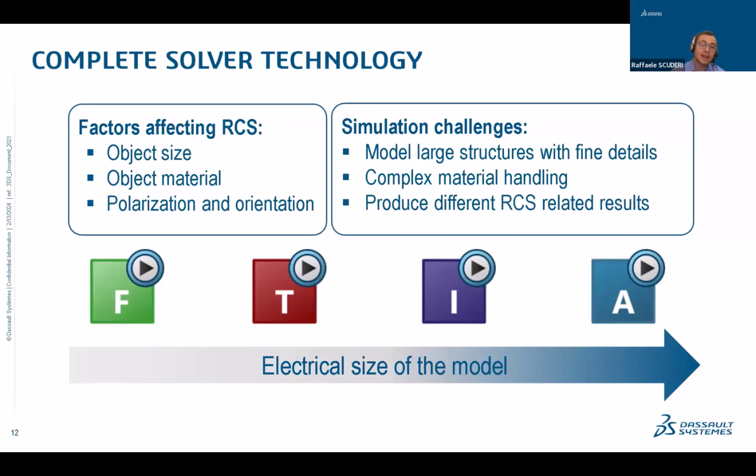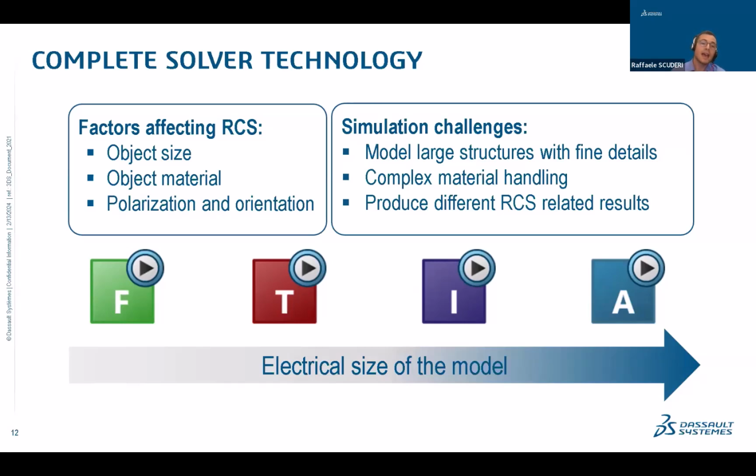And in that regard, having a complete portfolio of numerical methods, which in the end is going to be your proper engine to resolve the Maxwell equations, is very, very important. And I can say that our complete technology is really the key solution for this kind of challenges, for this kind of problem. As you can see, and as you have seen even today several times, we have different solvers.